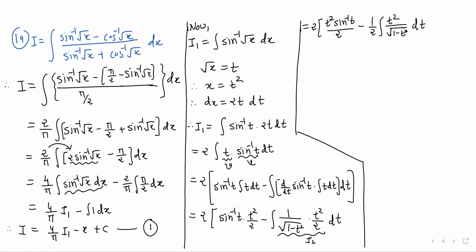Okay. So what do we get? Again, first 2, multiply it, so it becomes t square sine inverse t. 2 gets cancelled. In the same way, 2 gets cancelled. It becomes now t square minus 1 plus 1 upon 1 minus t square dt.